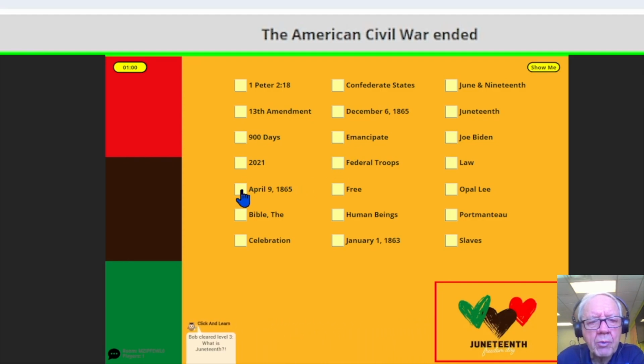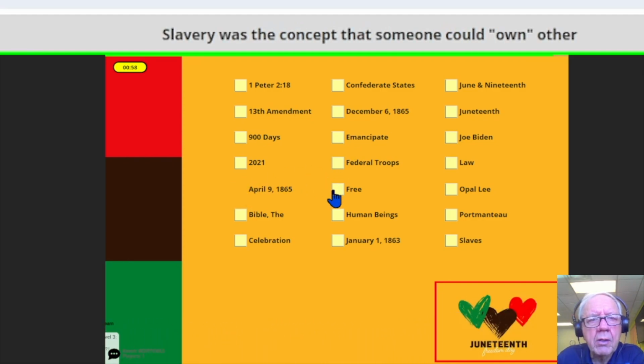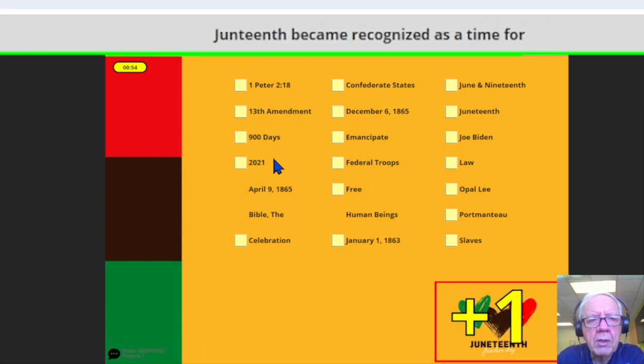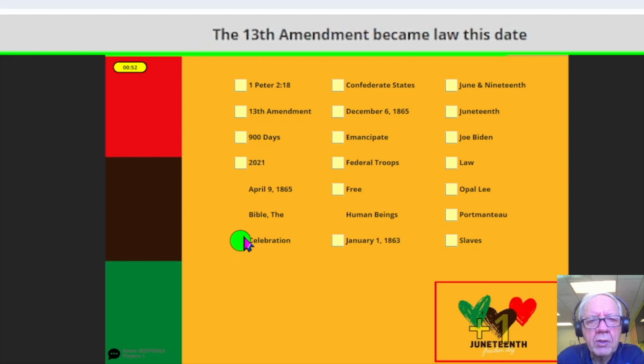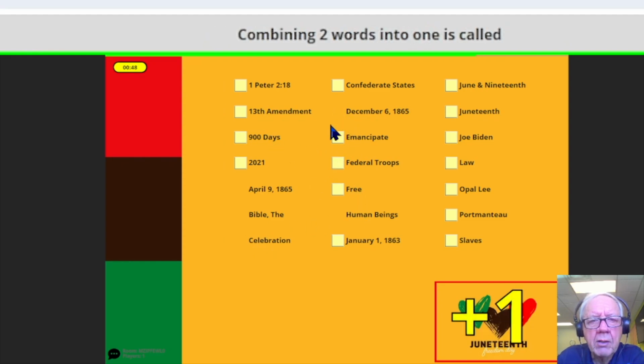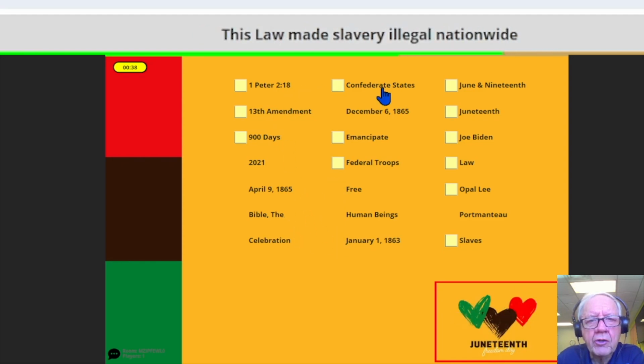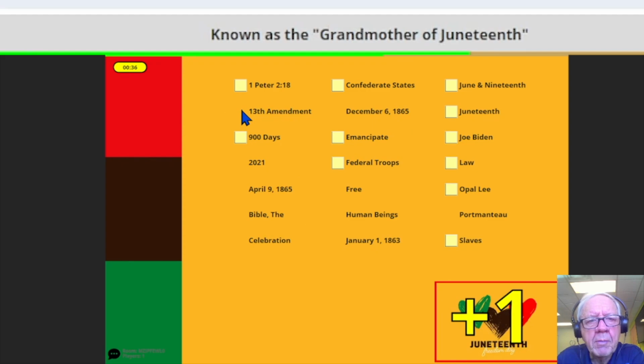Civil War ended April 9. Could own other human beings. The Bible, a time for celebration. 13th Amendment, December 6th. Portmanteau, made a federal holiday in 2021. Told the slaves that they were free. January 1st, 1863. But the 13th Amendment made it illegal nationwide.